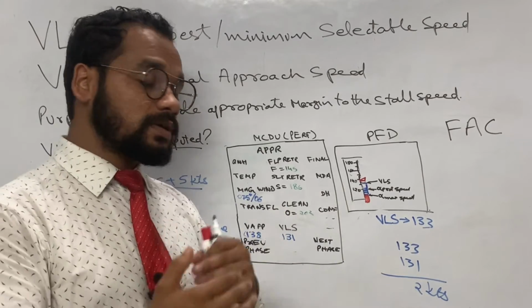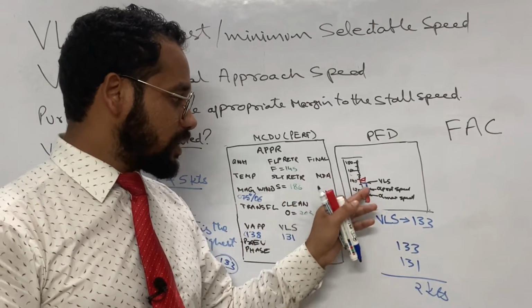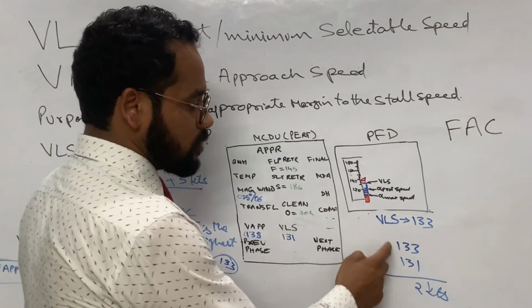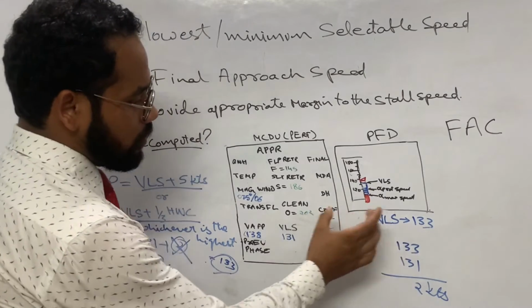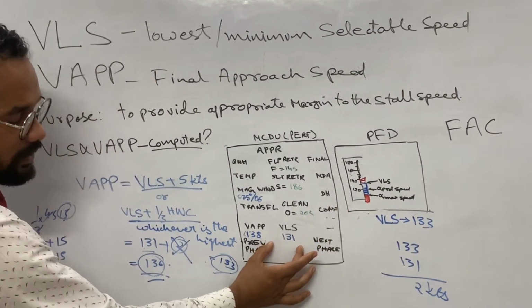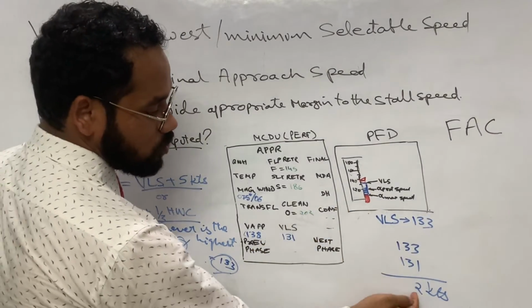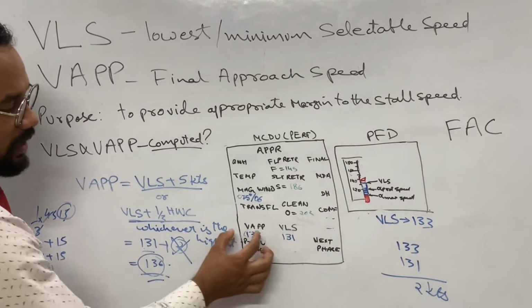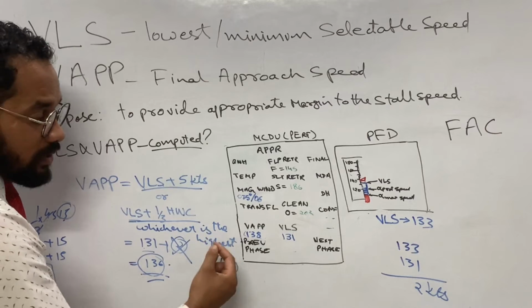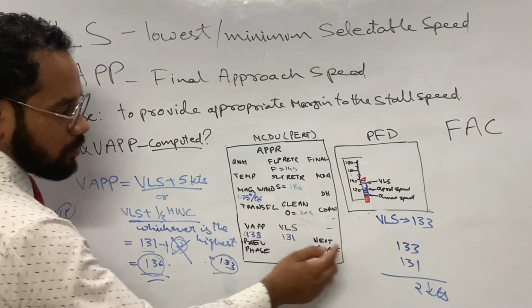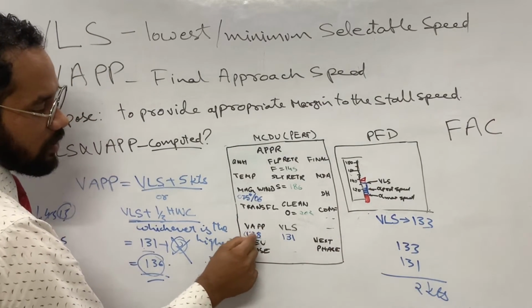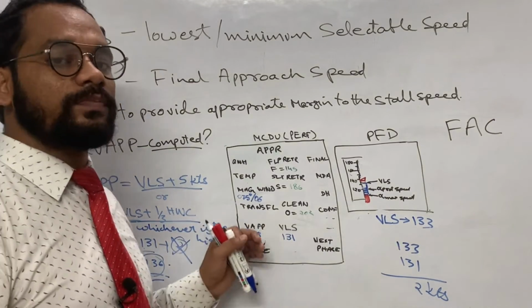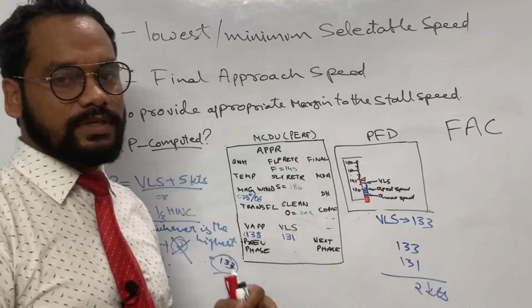It means because of some computation, if the FAC calculates a VLS higher than what is indicated on the MCDU, then the difference between the VLS on the PFD and MCDU is taken, which is 2 knots in this example. Then that 2 knots is added to this 136 knots, and hence we get 138 knots. So the pilot modifies the approach speed, and it comes to be 138 knots. Hence the pilot can also modify the approach speed, which was earlier calculated by the FMGC.